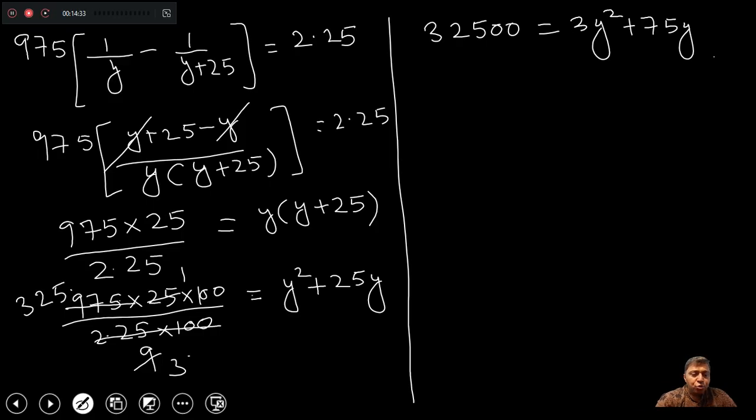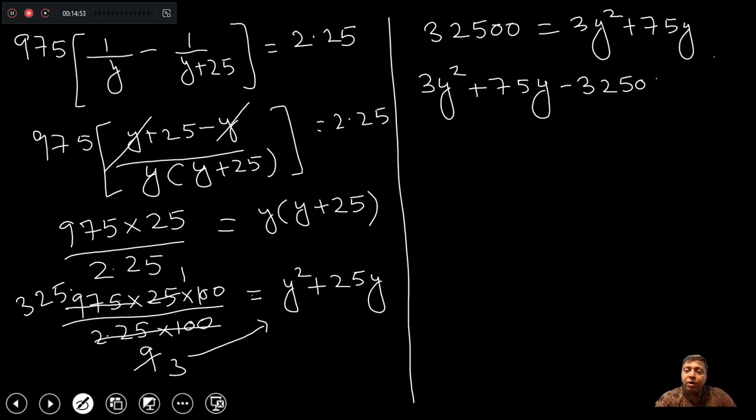I took 3 to the other side and multiplied both the terms with 3. Now collect 32500 to the right hand side. So this becomes 3y square plus 75y minus 32,500 equals 0.